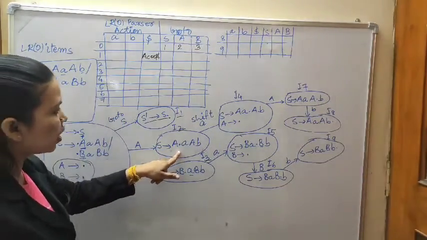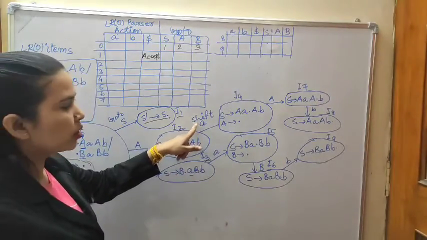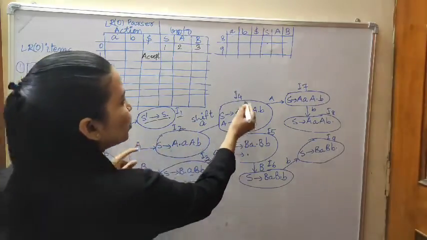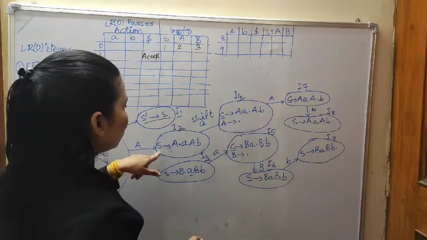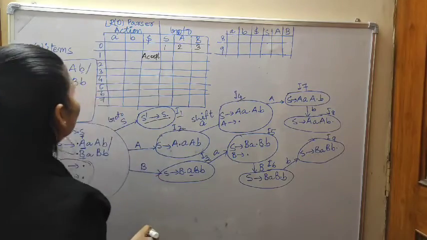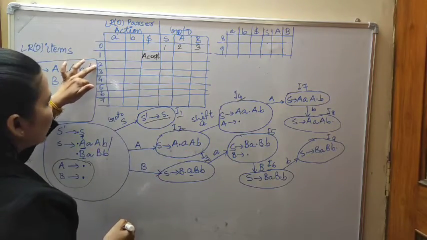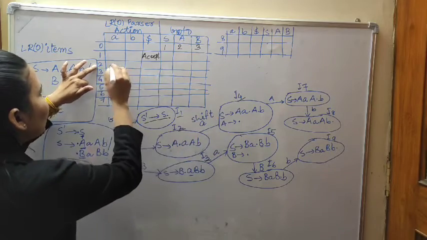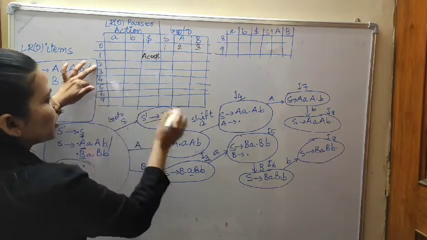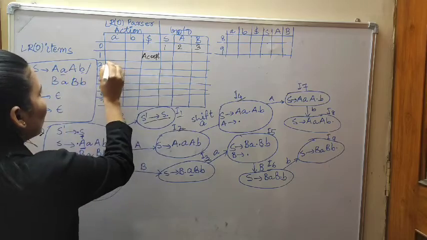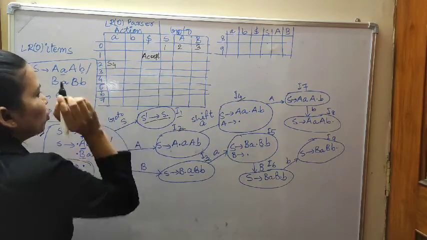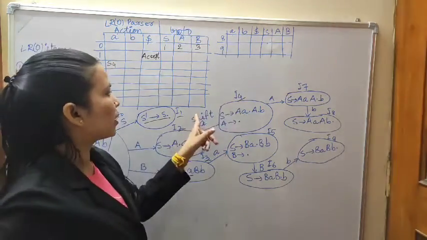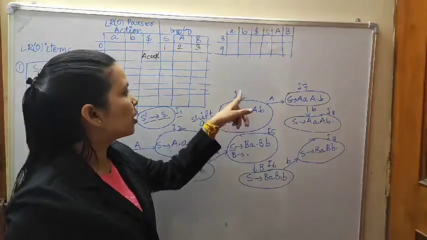I2 is shifting. Yes, it is shifting A to which state? 4. So from state number 2 we are shifting on A, in the A column, to 4. Write shift 4, because we are shifting a value, so S4, and the state number is 4.